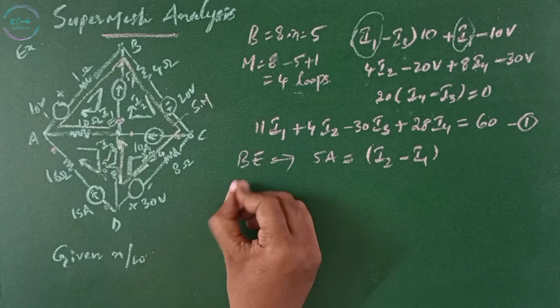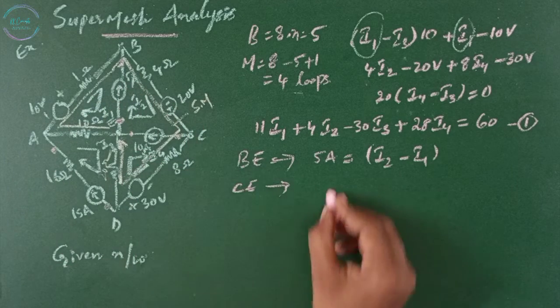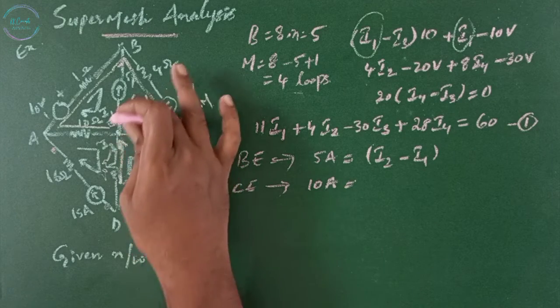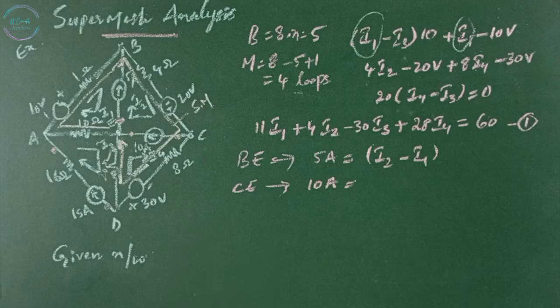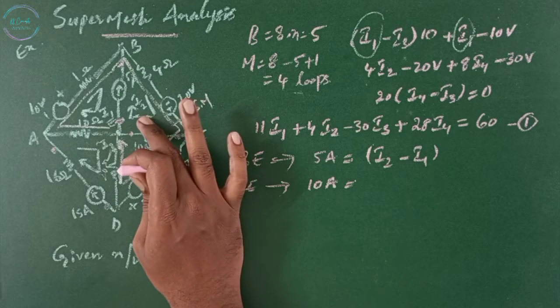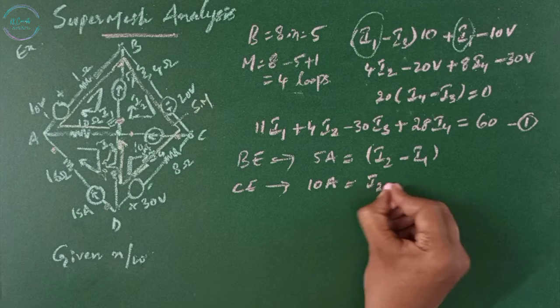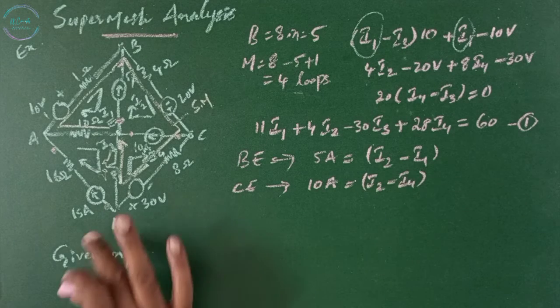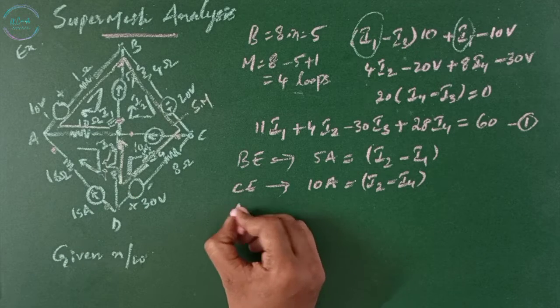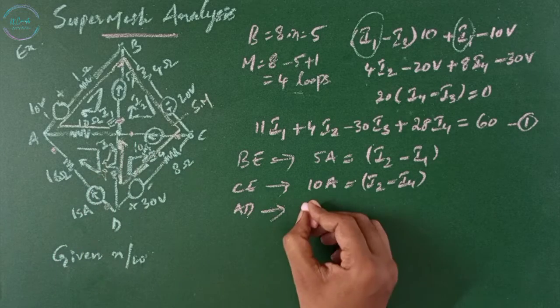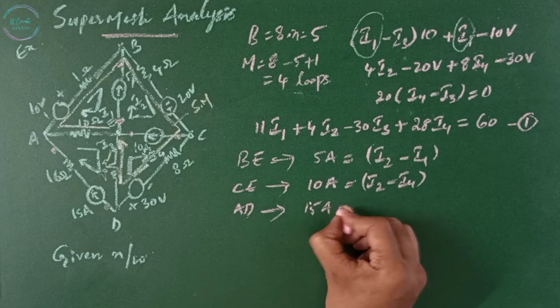For the CE branch, there is a current of 10 amps equal to the difference between loops I2 and I4, and I2 is in the same direction, so I2 minus I4. Another current source, in the AD branch, is connected only to I3, so I3 is 15 amps.